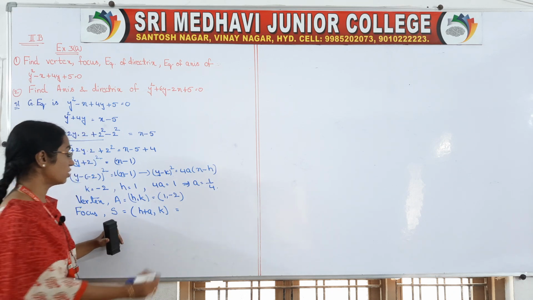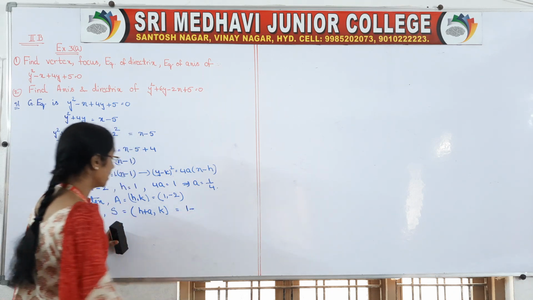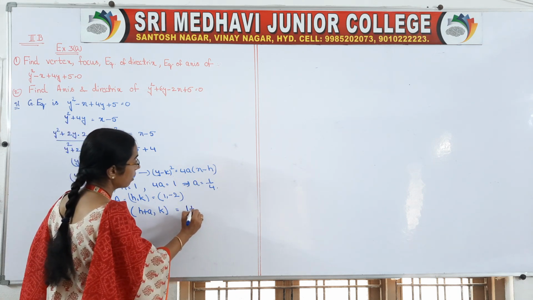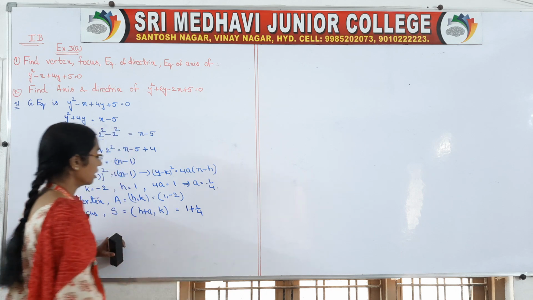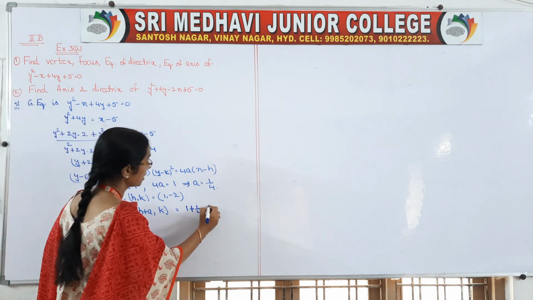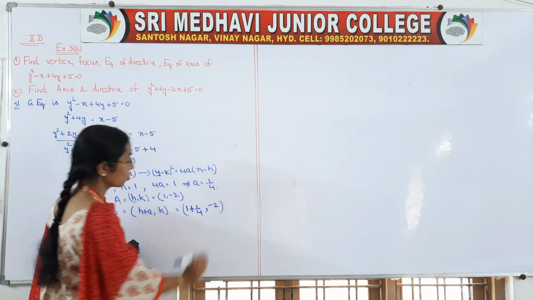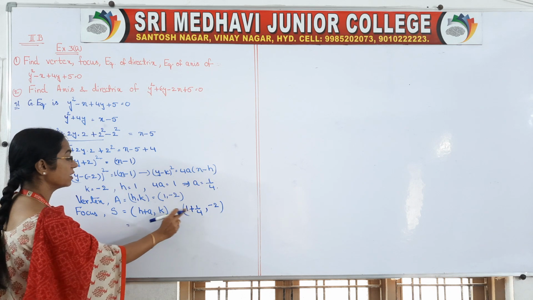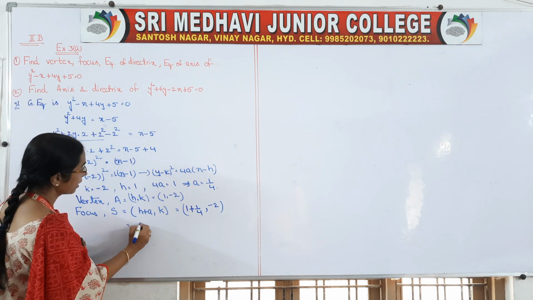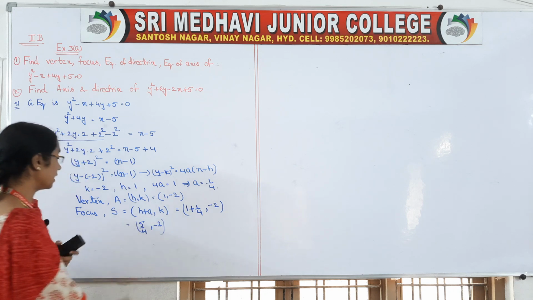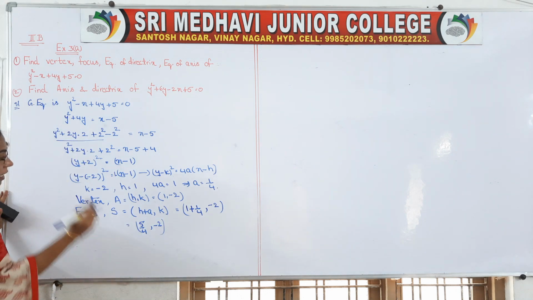So you know your h value 1, and a value is 1 by 4, right? And what is your k value? k is a minus value, isn't it? It is minus 2. Okay, so taking the LCM, 4 ones are 4, 4 plus 1, 5. So it is (5 by 4, minus 2). That is your focus, right?